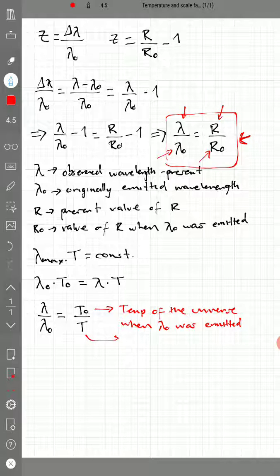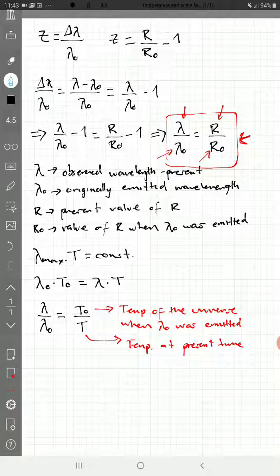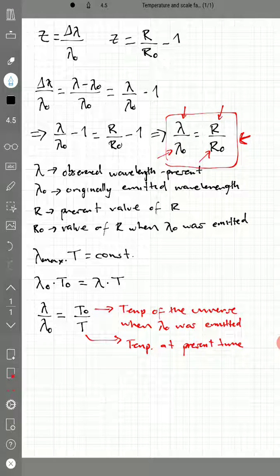And this T here is the temperature at present time, right? So we're getting to something interesting here because we're starting to connect not only that redshift with the scale factor of the universe, which gives us that cosmological interpretation, but also we're connecting it to the temperature of the universe.